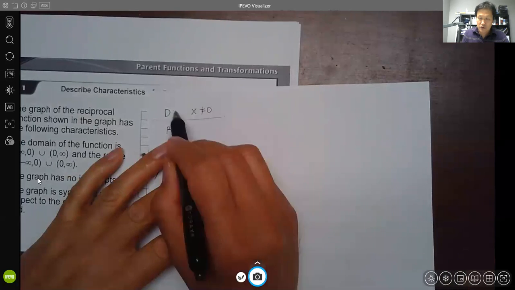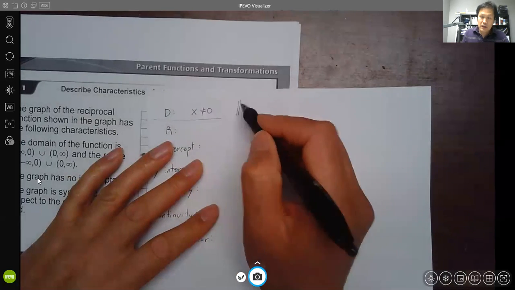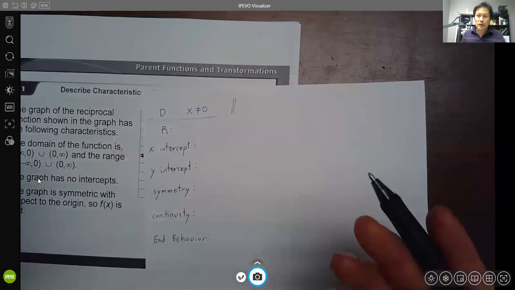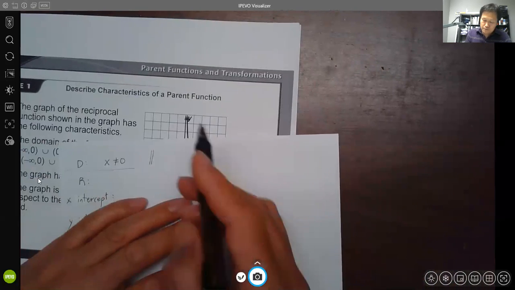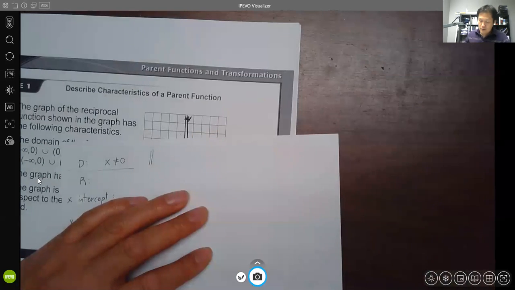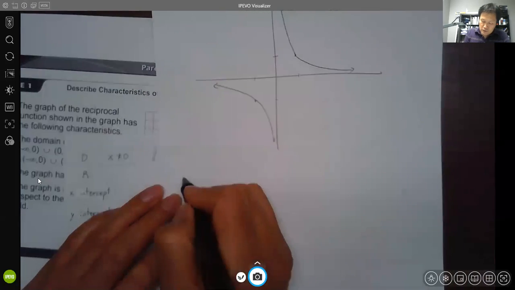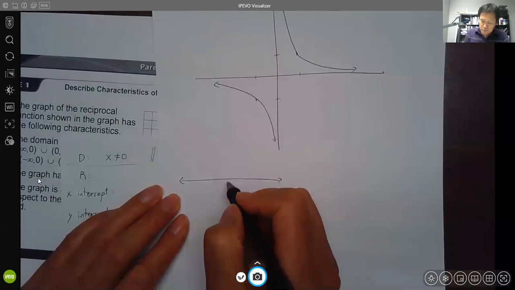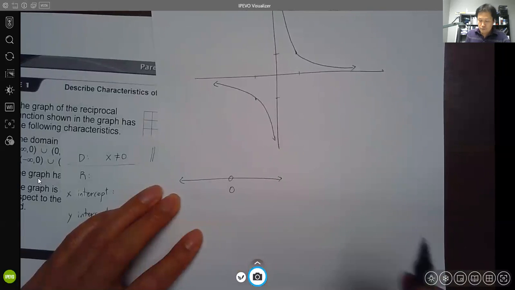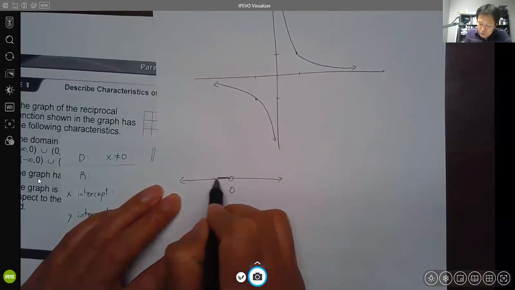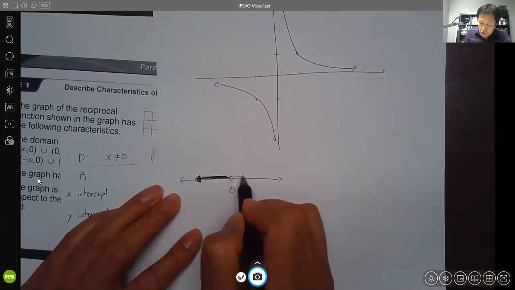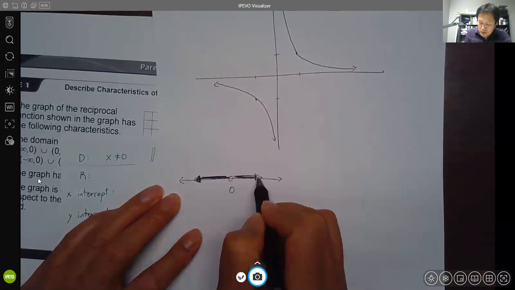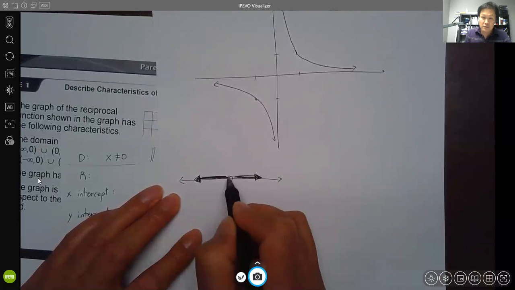For ALEKS, if you're using some kind of software, Delta Math or ALEKS, you may not have this choice. They might ask you to write that as interval notation. Then you will have to think on a number line, and 0 is not included. You can cover all the way to the left and all the way to the right, but 0 is empty.